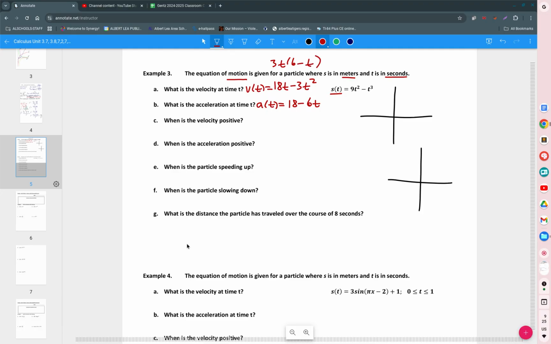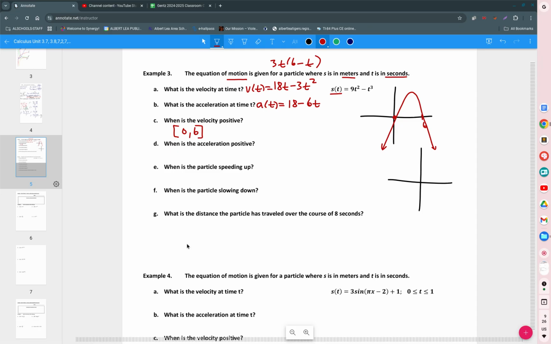And so I can see that this parabola goes through 0 and through 6. So the question is, when is the velocity positive? From 0 to 6. Everybody good there?